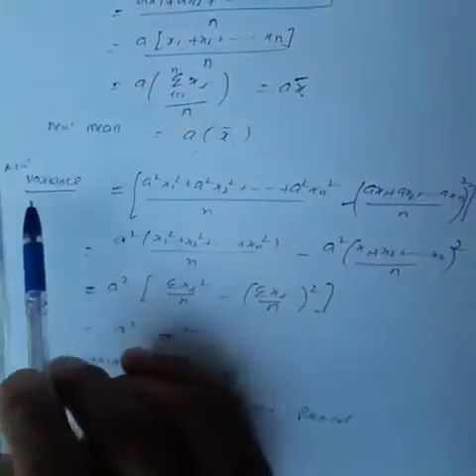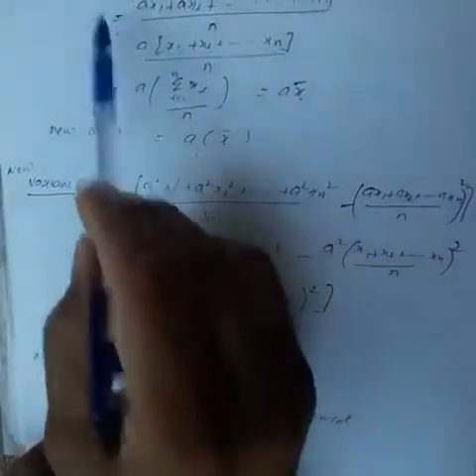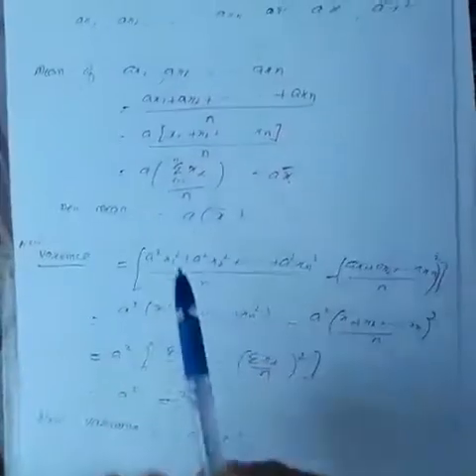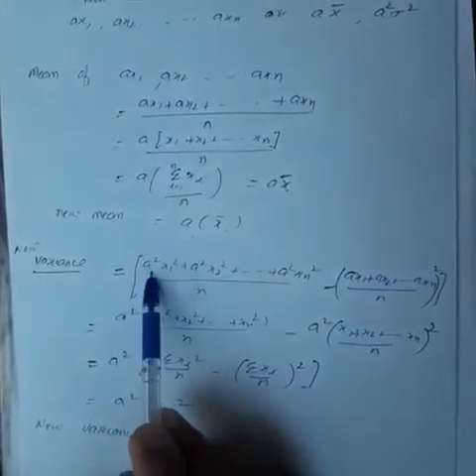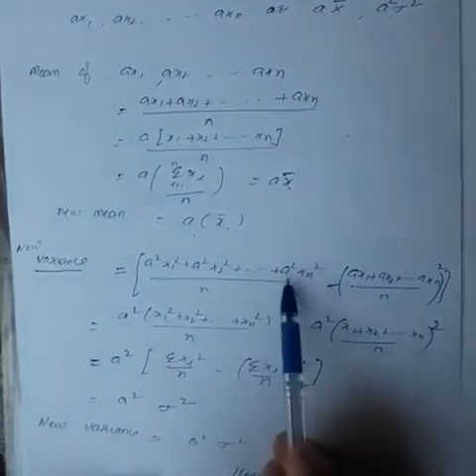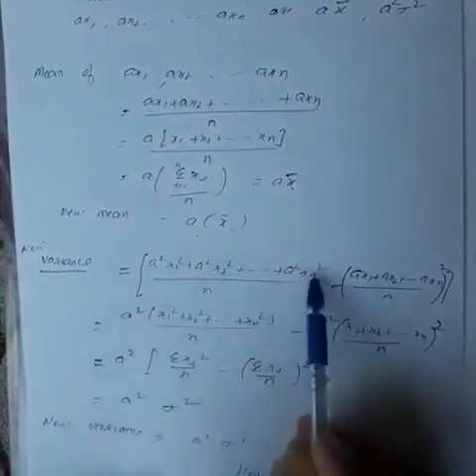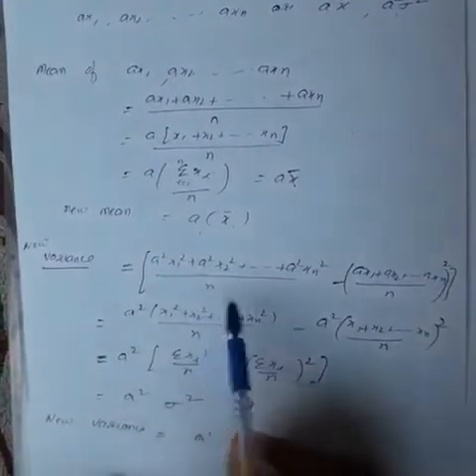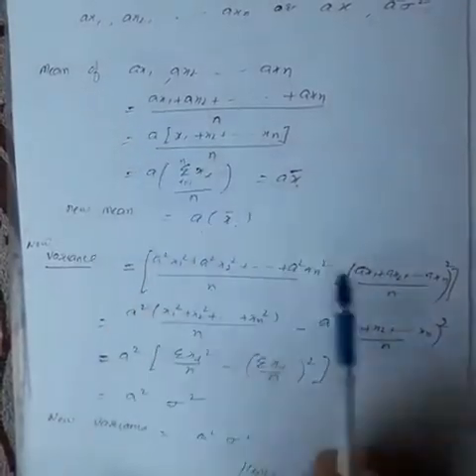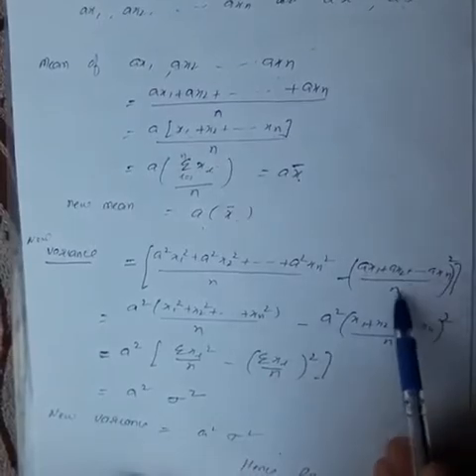Similarly, you calculate the new variance. Apply the formula: sum of squares of observations. Observations are a x1, the first observation. So sum of squares: a square x1 square plus a square x2 square and so on up to a square xn square, this is summation of x square, divided by n, minus summation of xi, means sum of all observations a x1 plus a x2 up to a xn upon n.